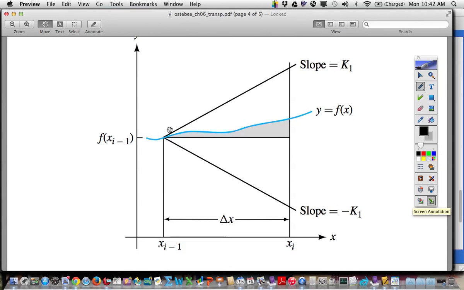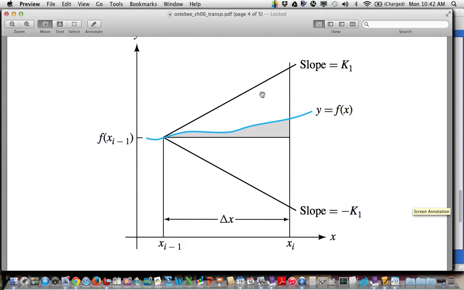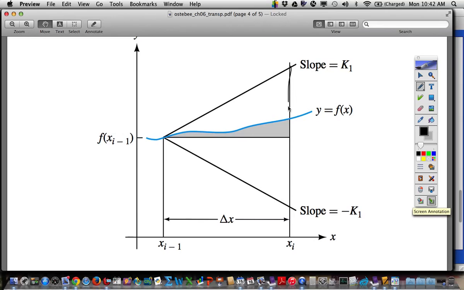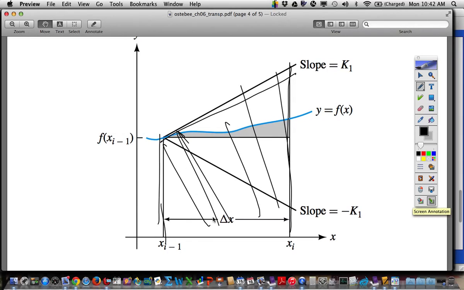This line right here is my made-up function, right? My worst-case scenario function right here. I could have found the area under my made-up function, right? And then I could have subtracted my rectangle. Does that make sense? And then that would have left me this, right? So I could have done the area under my made-up function minus my rectangle approximation, and then I would have gotten the formula too.